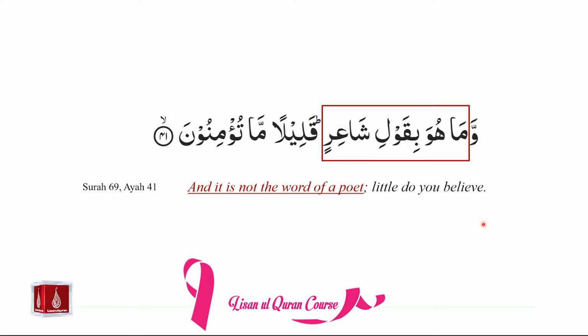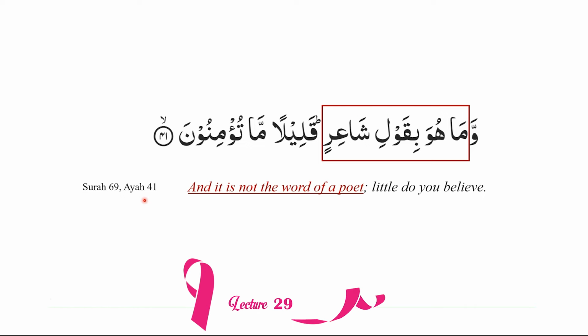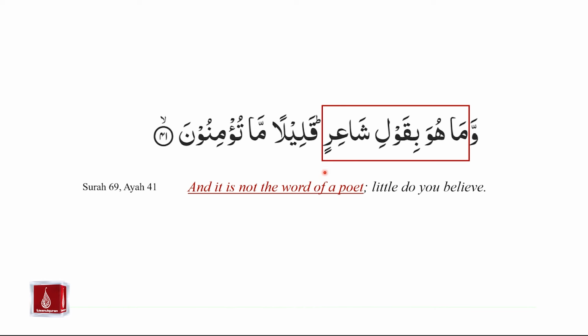We will look at another two examples from the Holy Quran. The first example is from Surah number 69, ayah number 41. And at the beginning, we see, وَمَا هُوَ بِقَوْلِ شَاعِرٍ. It is translated as, and it is not the word of a poet. Little do you believe.